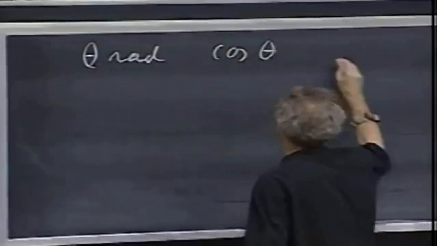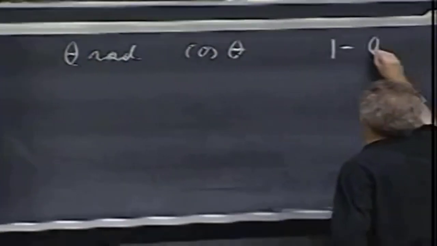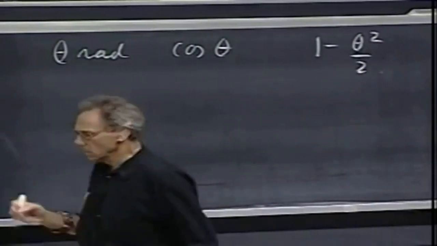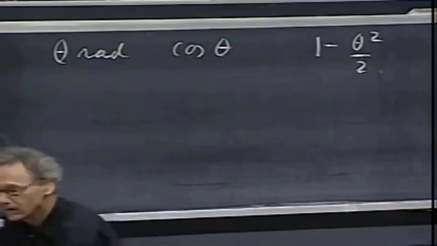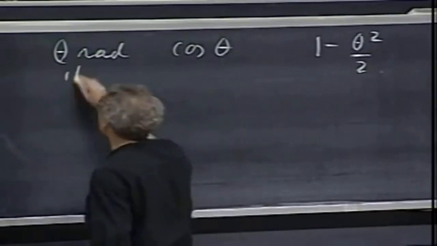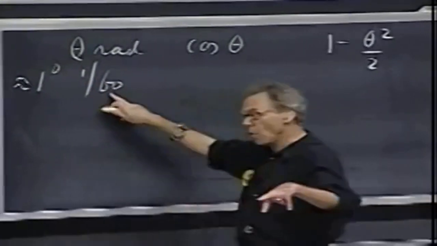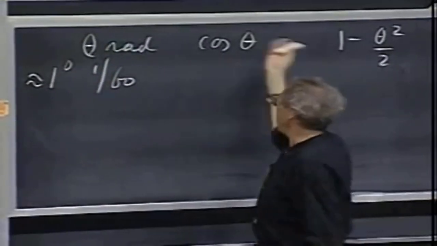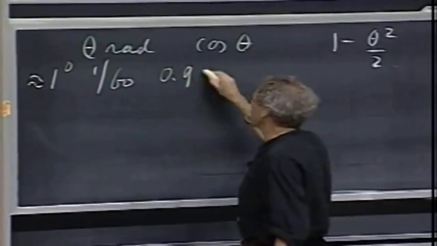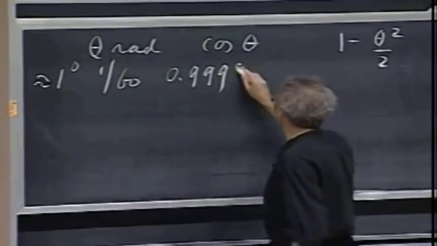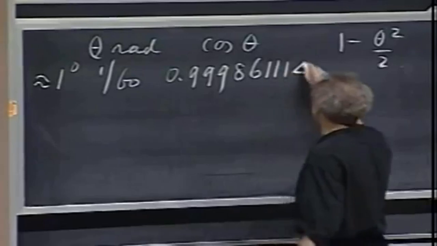If I give you here theta in radians, and I give you here the cosine of theta, and here I give you 1 minus theta squared over 2, then if I take 1/60th of a radian, since this is approximately 1 degree, but I pick exactly 1/60th, and I ask what the cosine is, that is 0.999861114.